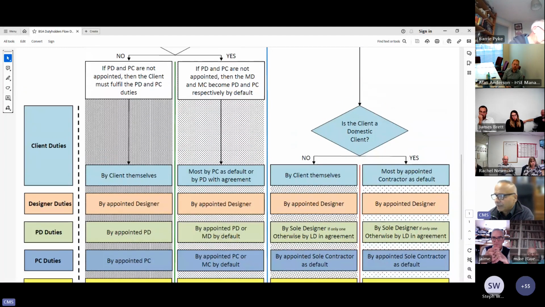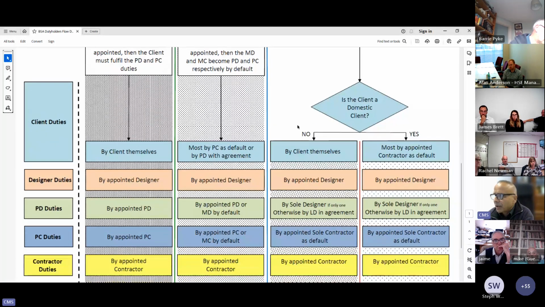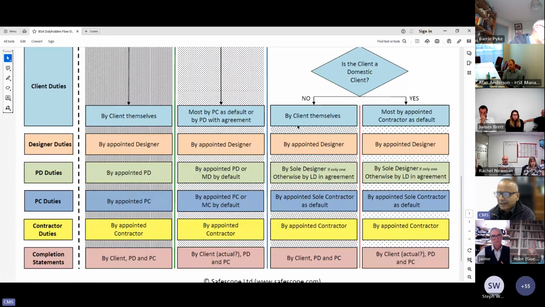And we're sticking with the one contractor situation, but this time we're answering the question: is the client a domestic client? We're saying no, it's a non-domestic client project. What happens then? The client duties are to be fulfilled by client themselves. Designer duties by appointed designer. PD, principal designer duties, exactly same.